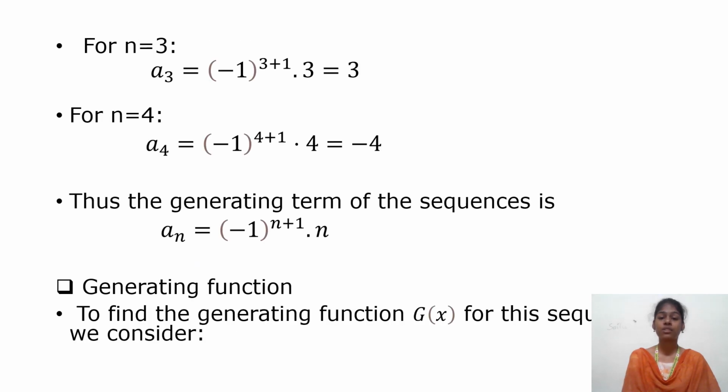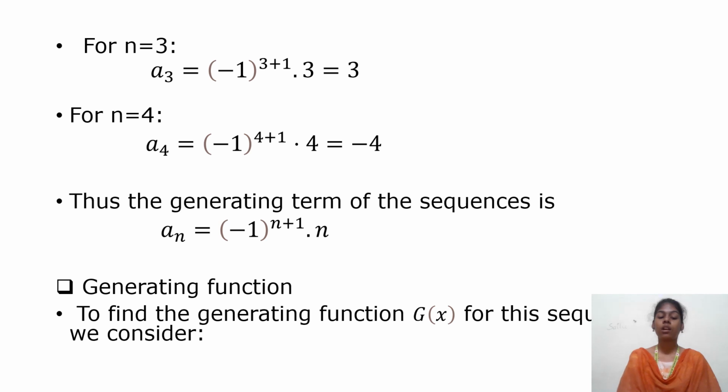For n = 3, a3 = (-1)^(3+1) times 3 = 3. For n = 4, a4 = (-1)^(4+1) times 4 = -4. Thus the general term of the sequence is a_n = (-1)^(n+1) times n, and this is the formula for this.